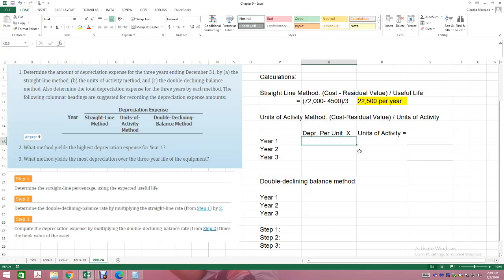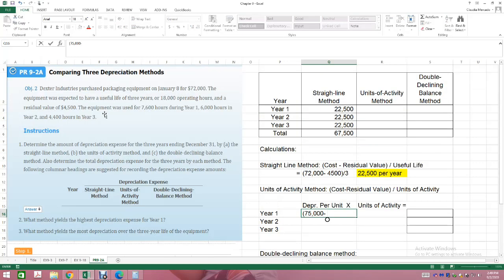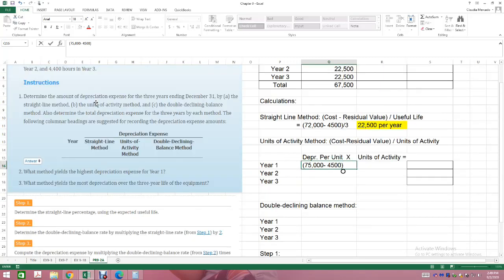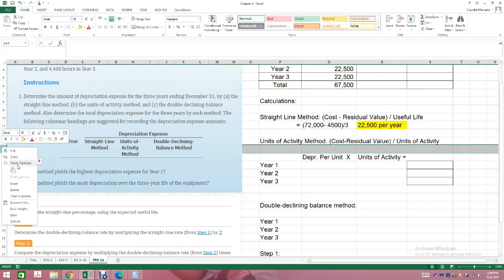Okay, so for year number 1, I'm going to get my cost, minus my residual value, and my residual value is 4,500. Okay, and I'm going to divide by the... I'm putting in the wrong cell. It should be up here. Let me insert another row.